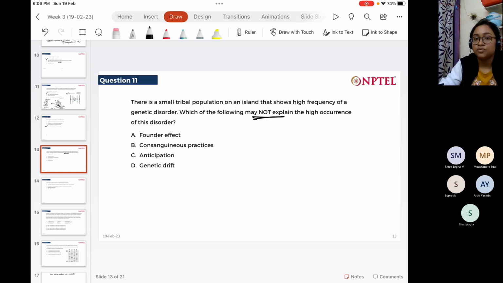The question asks, what does not explain? If the other case would have been that the island was completely empty, there was no human at all on that island, then founder effect could have happened, right?